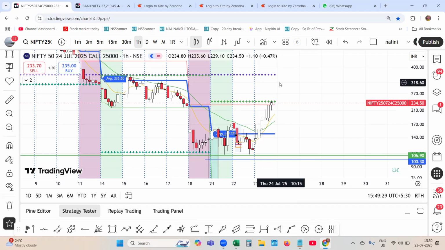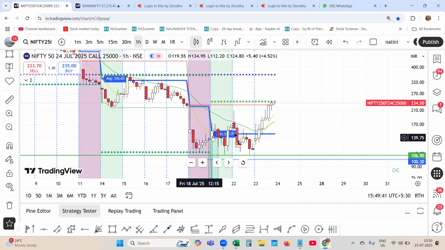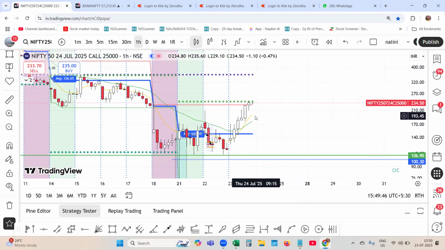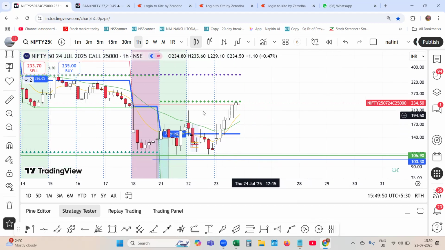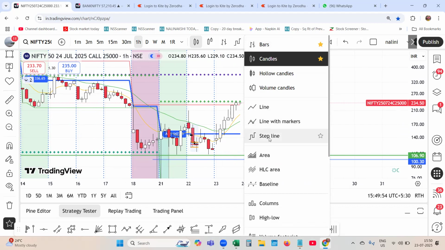Suppose the market moves from 234 to 336, 100 points, that will be correspondingly 200 points up in the market. That will not happen. Actually, the market may retrace back, and in between it may come down to 193 or something. Let me change it to an area chart.